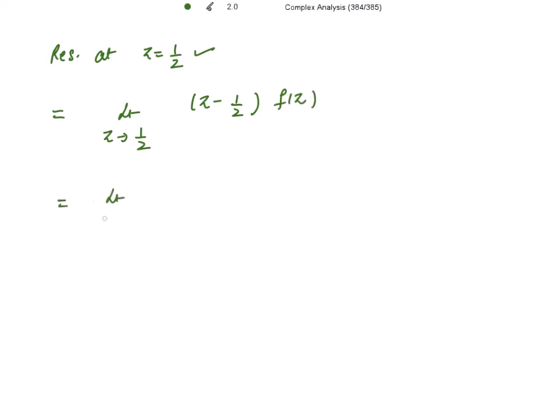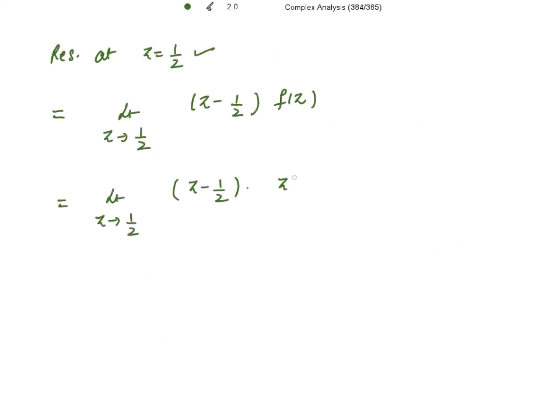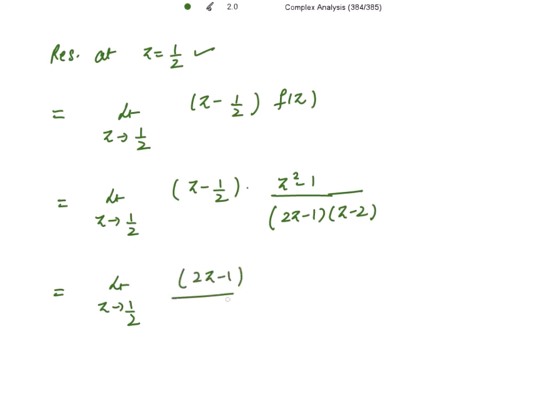So this is equal to limit z tending to 1/2 of z minus 1/2, writing the complete f(z) to be this. So this is z square minus 1 divided by 2z minus 1 into z minus 2. So this is limit z tending to 1/2. This will be 2z minus 1 divided by 2 into z square minus 1 divided by 2z minus 1 into z minus 2.